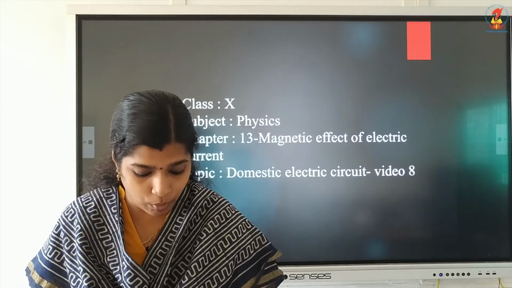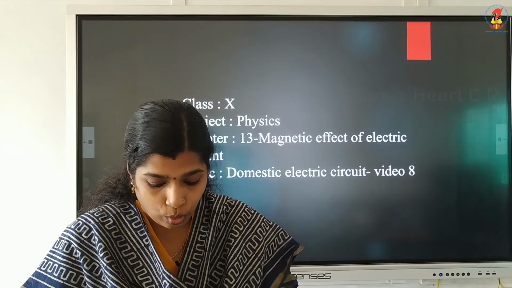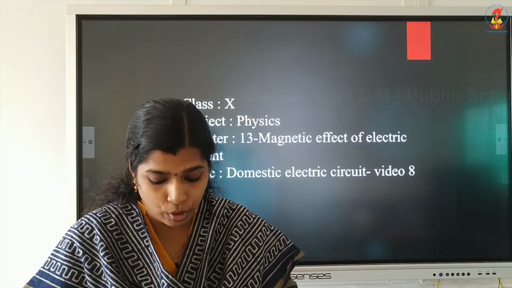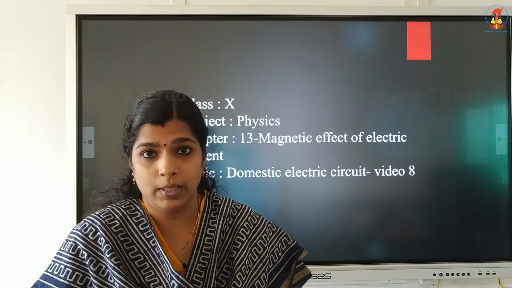So, in our home we receive electrical power through the main supply called mains, either supported through overhead electric poles or by underground cables.